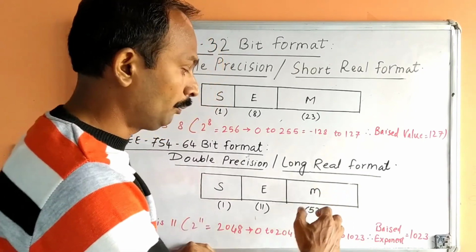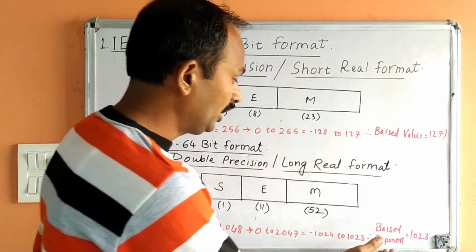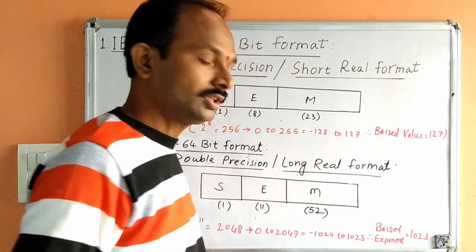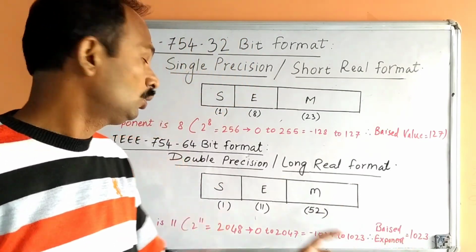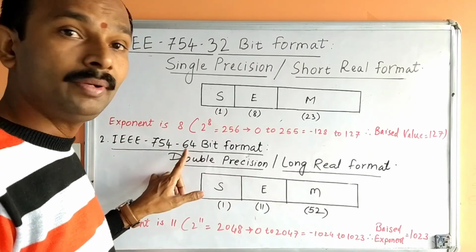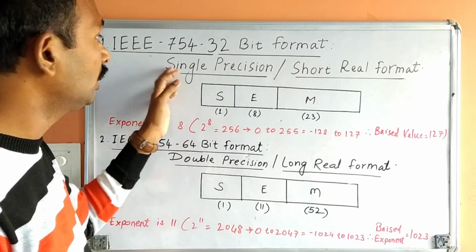So the maximum positive number is 1023. So here the bias exponent is 1023. So 1023 will be the bias value for the 64-bit format, and 127 will be the bias value for the 32-bit format.